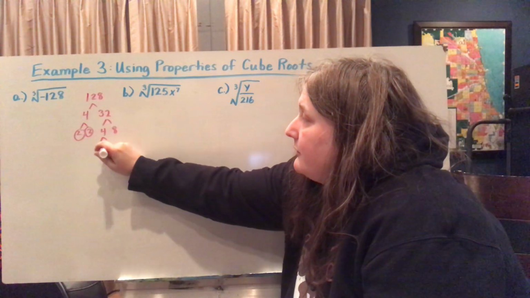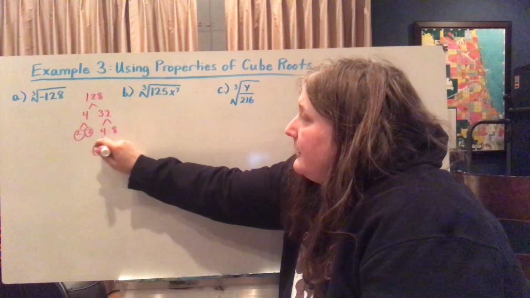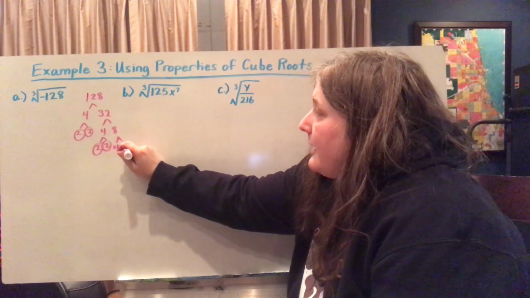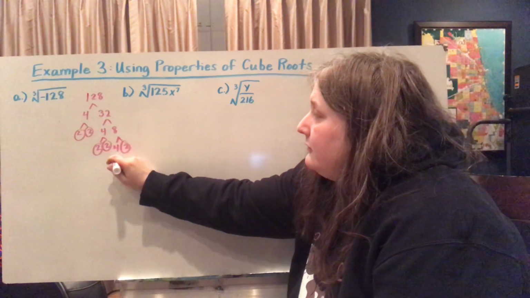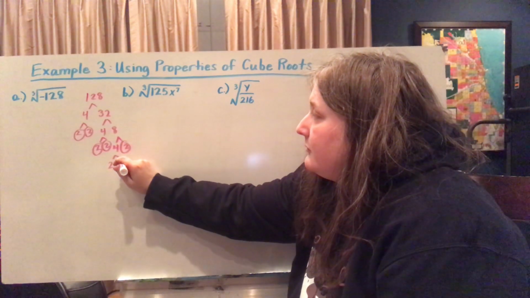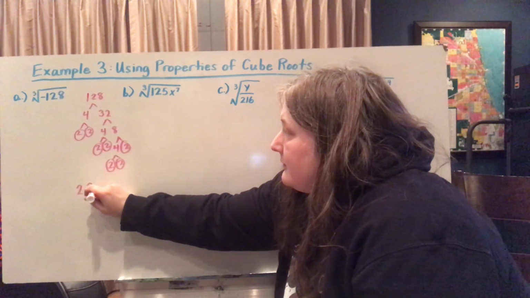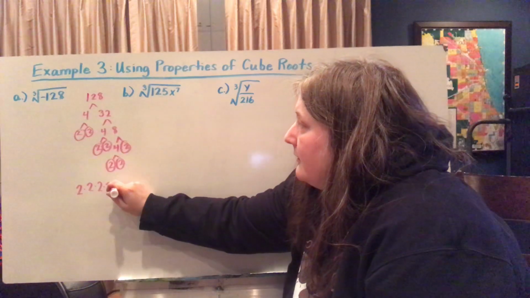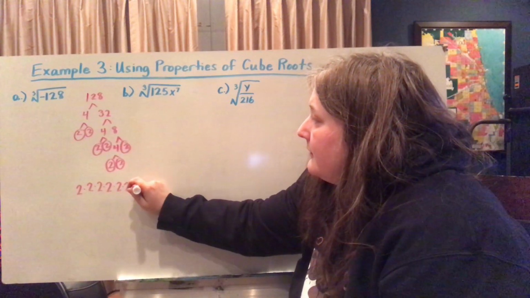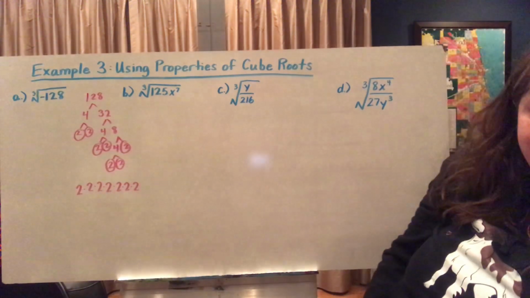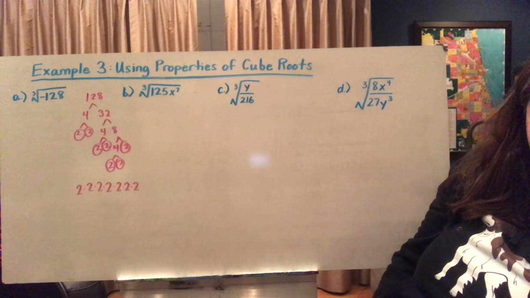And once again, 4 is 2 and 2. 8 can become 4 and 2. There's a 2. And 4 can become 2 and 2. So for my prime factorization, I have a lot of 2's. So I get 7 2's there.